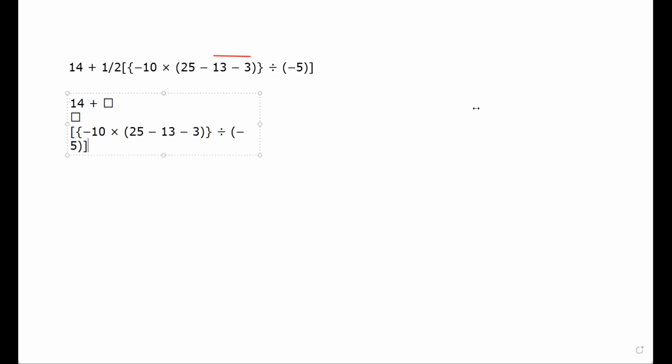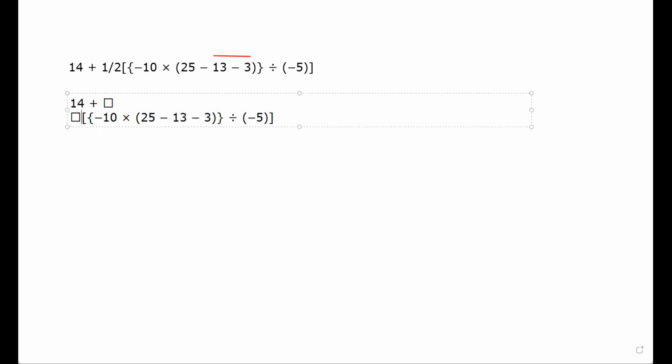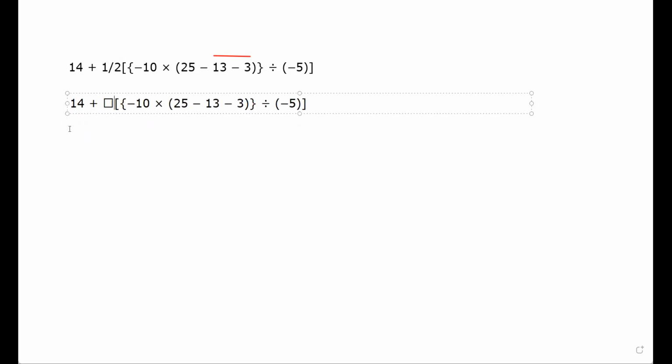We need to solve this line bracket first. The line bracket will be solved and it will become 10, my dear students. You know this fact very well. After that, this line bracket is solved.